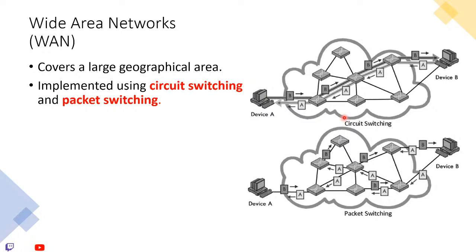These important terminologies, circuit switching and packet switching, will be covered in another session. So just think of it as implemented using circuit switching or packet switching. So this is the example of circuit switching. Inside circuit switching, what is happening here is one way communication at one time.